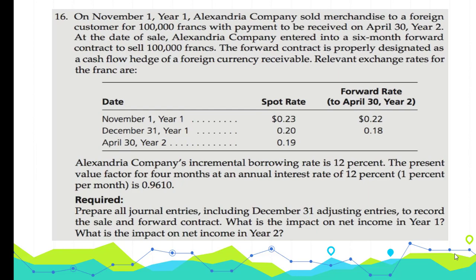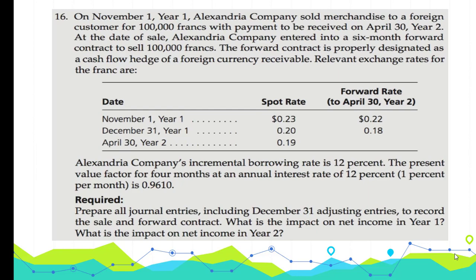So there's an economic cost to entering into the forward contract and extending credit to the foreign customer, because if Alexandria Company had insisted upon immediate payment by the foreign customer on November 1 of year 1, it would have received 100,000 francs at a time when the exchange rate was 23 cents per franc.